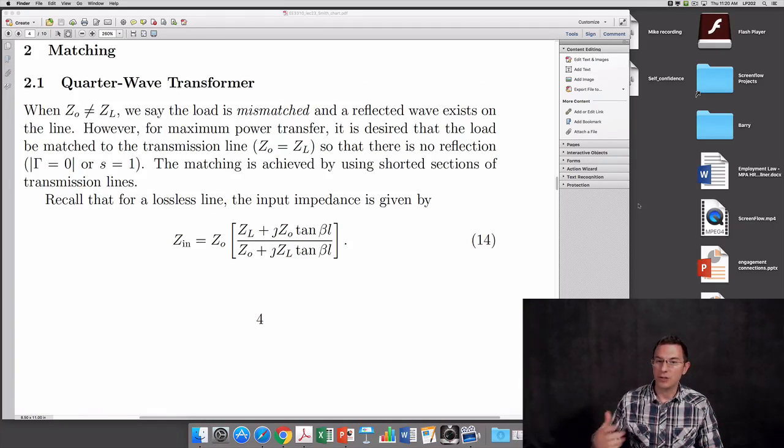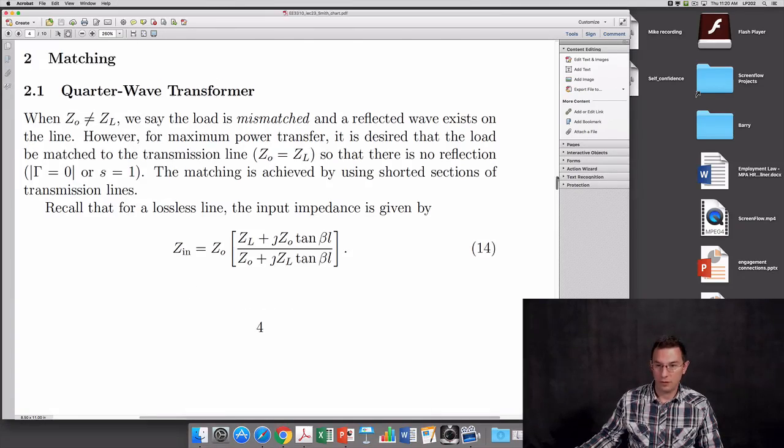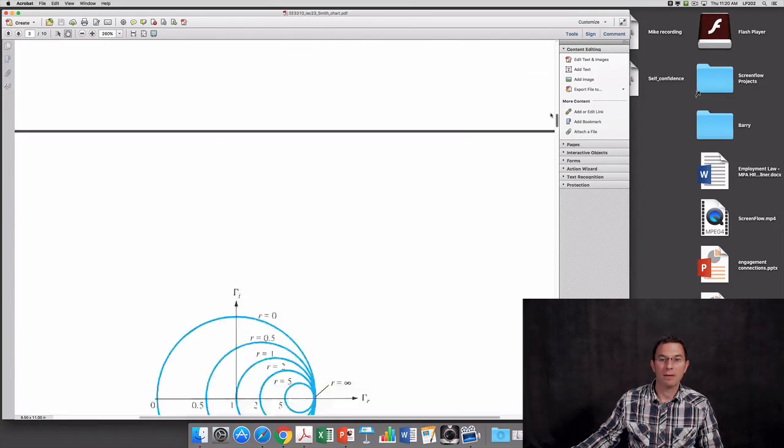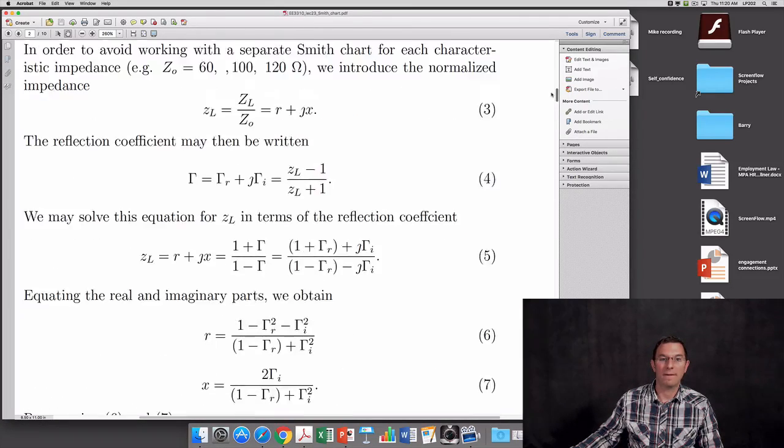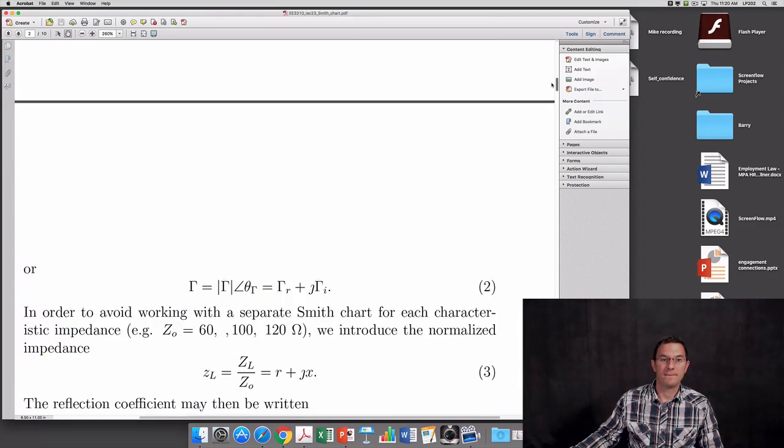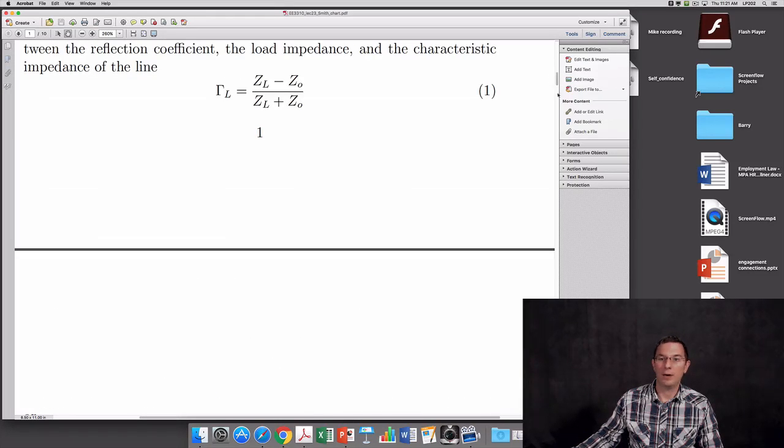You can see this very simply from the definition of the reflection coefficient. Let's see if I can find that here real quick. Right here, equation 1. Clearly, if ZL is equal to Z naught, then gamma L is going to be equal to 0, and then you won't have a reflection.